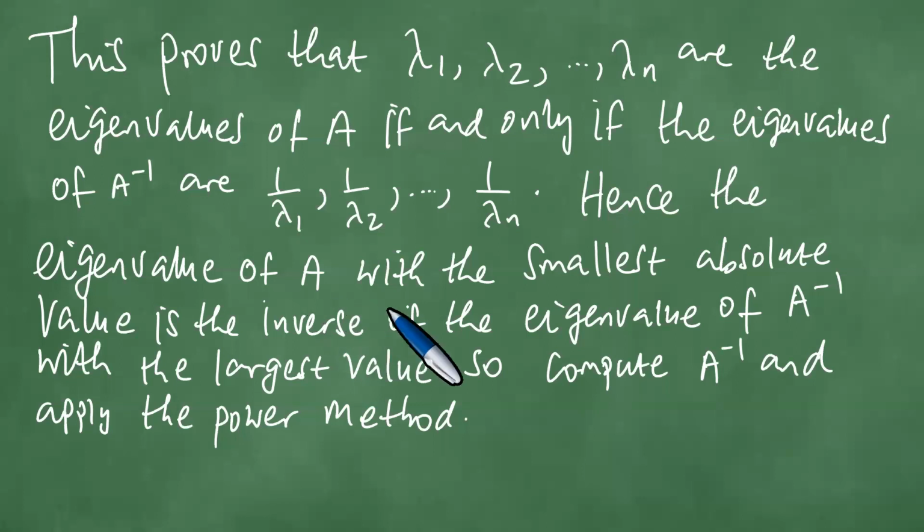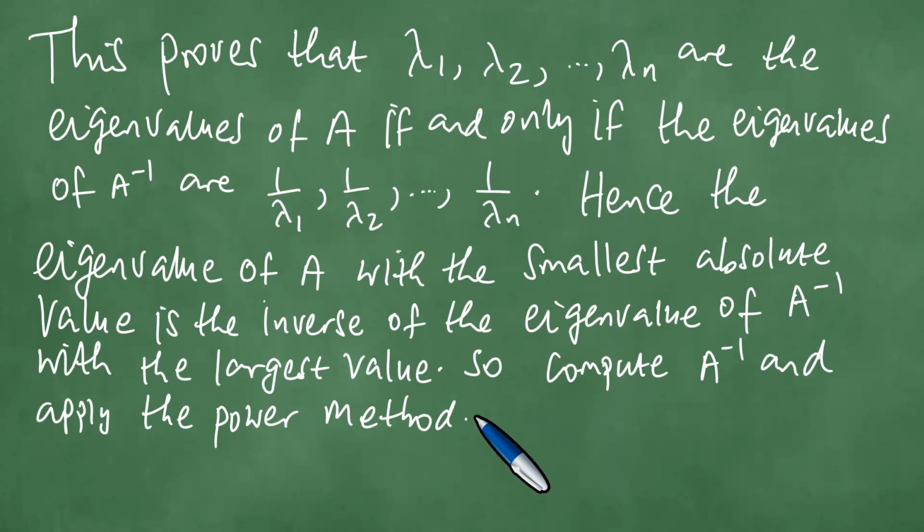Hence, the eigenvalue of A with the smallest eigenvalue is the inverse of the eigenvalue of A inverse with the largest eigenvalue, the largest magnitude. So we can study the inverse and the matrix A interchangeably with that understanding.